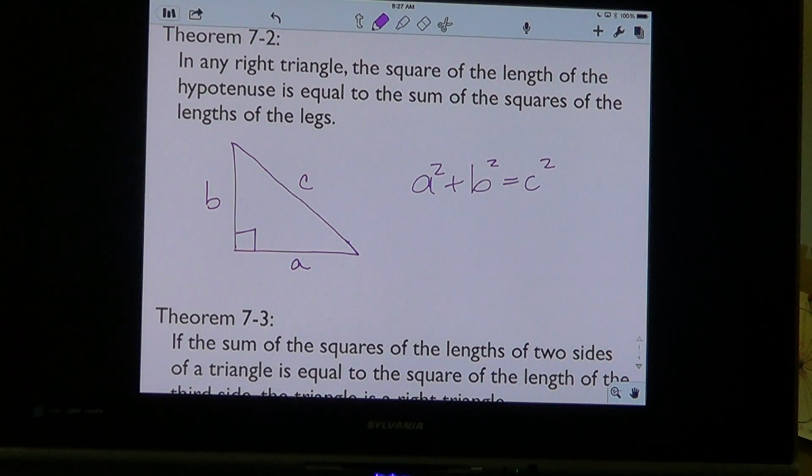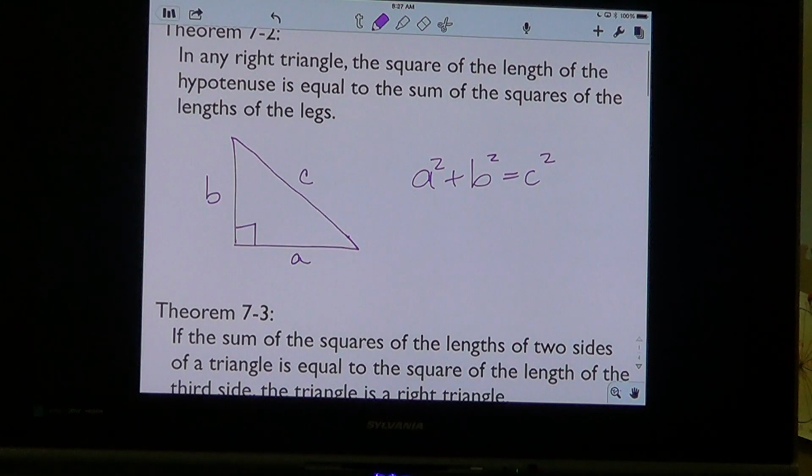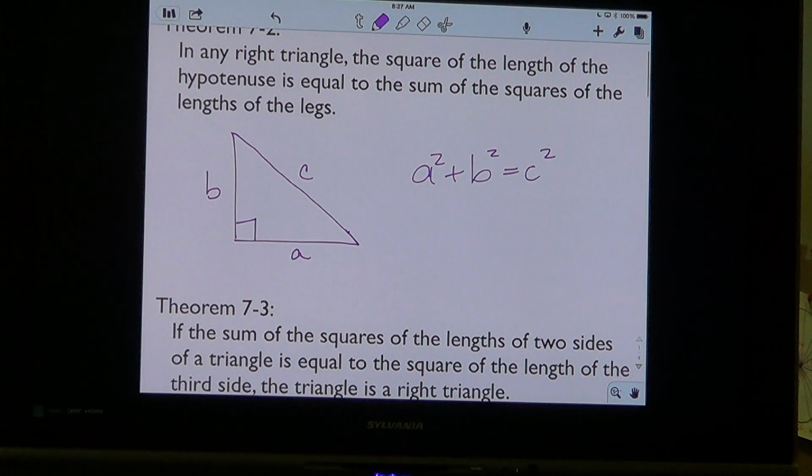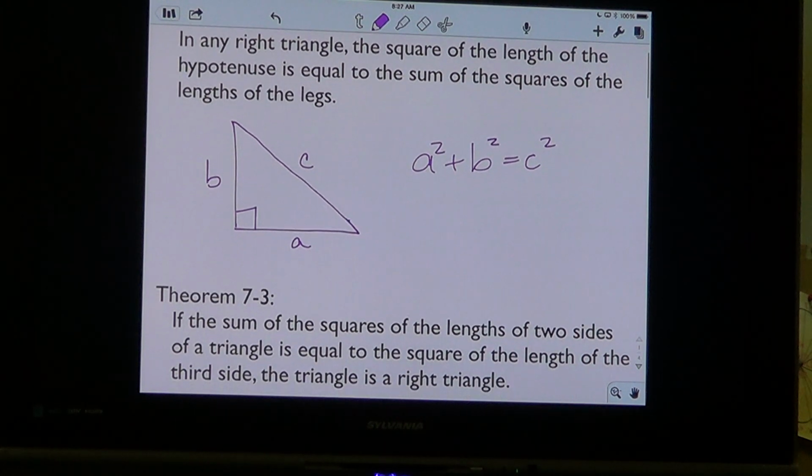Theorem 7.3 is the converse of the Pythagorean theorem. What does converse mean? Reverse. Right. So basically, if the sum of the squares of the lengths of two sides of a triangle is equal to the square of the length of the third side, then the triangle is a right triangle.